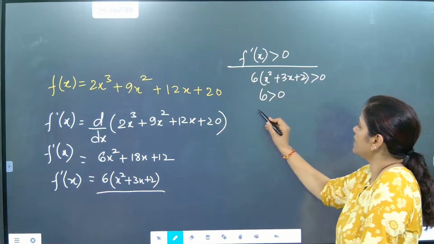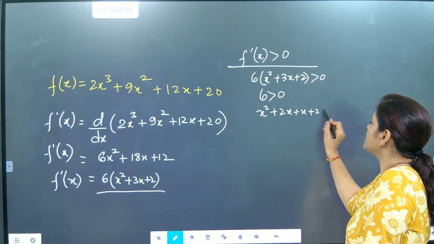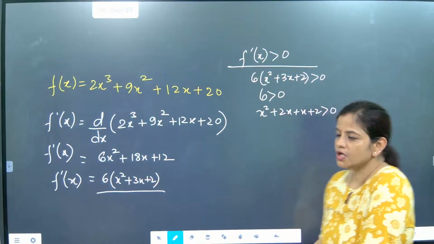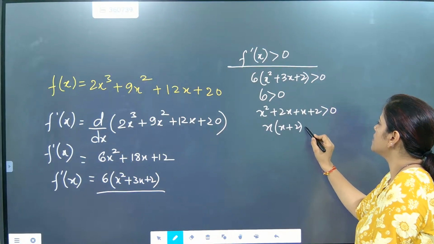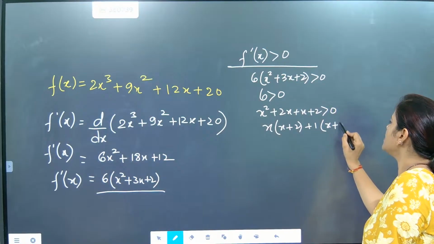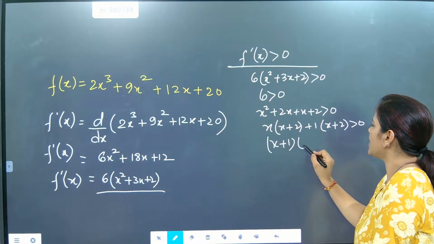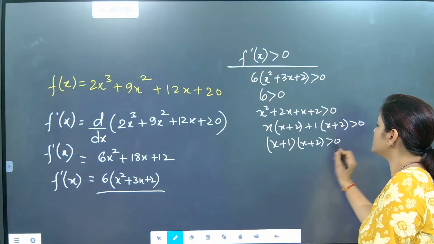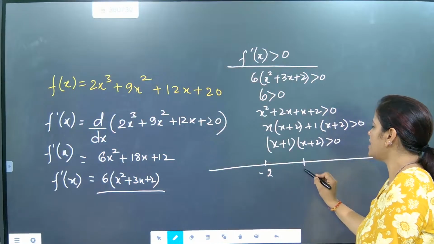But the second part is x square plus 2x plus x plus 2 greater than 0. So what is the factor coming, beta? Take x common, x plus 2, and here take plus 1 common, x plus 2 greater than 0. So x plus 1 and x plus 2 greater than 0. What are the intervals coming, beta? Minus 2 and minus 1.